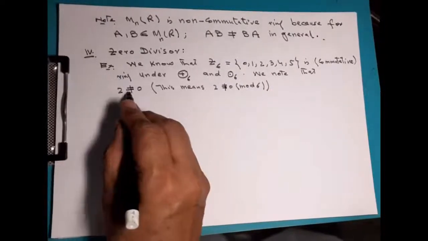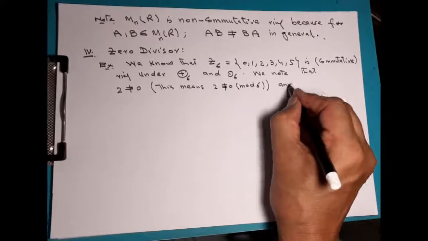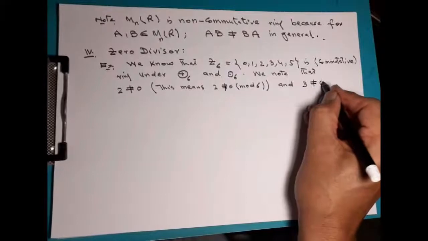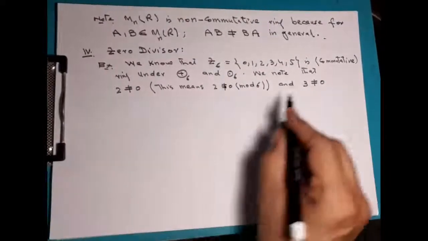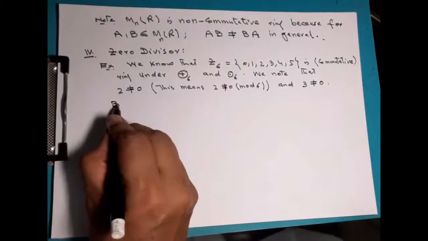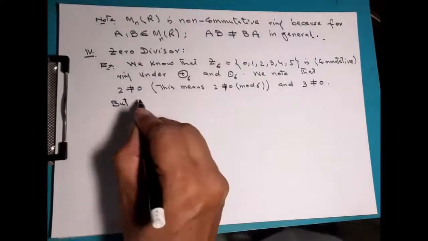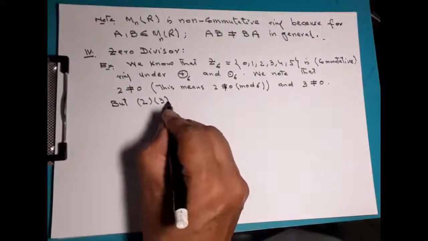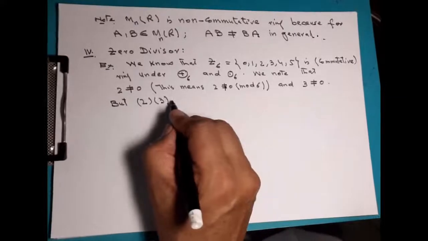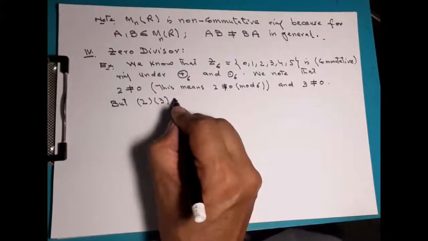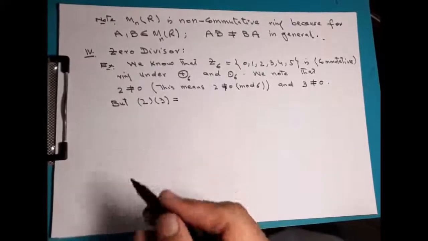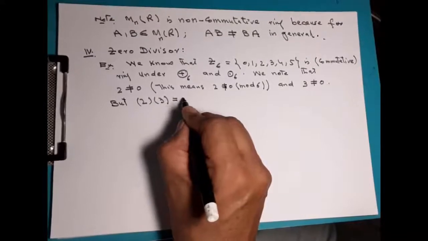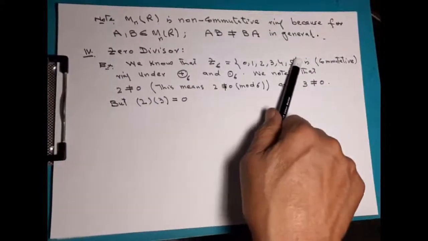And in a similar way, 3 is not equal to 0. 3 is not congruent with 0 mod 6. But when we multiply 2 with 3, this result becomes 6. You divide 6 with 6, the remainder is 0. So 2 multiplied with 3 is equal to 0 in this ring.